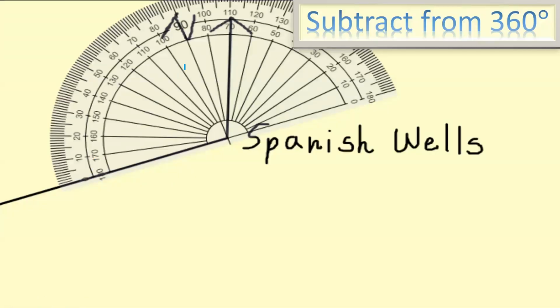And so what we're going to do is figure out the distance from here to here. So this is Spanish Wells. And if we look carefully, we start at 0, and we use the ones on the outside, so it's going to be 0, 10, 20, 30, 40, 50, 60, 70, 80, 90, 100, 110.